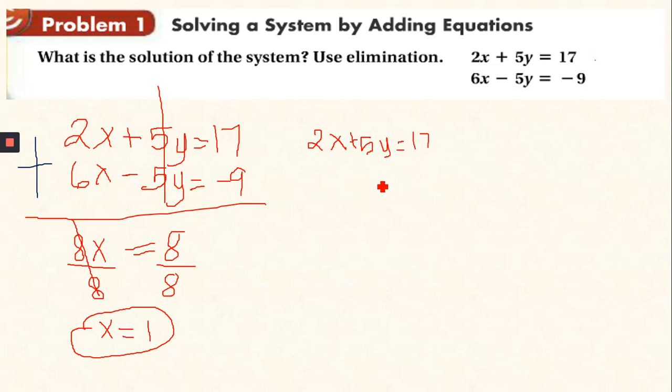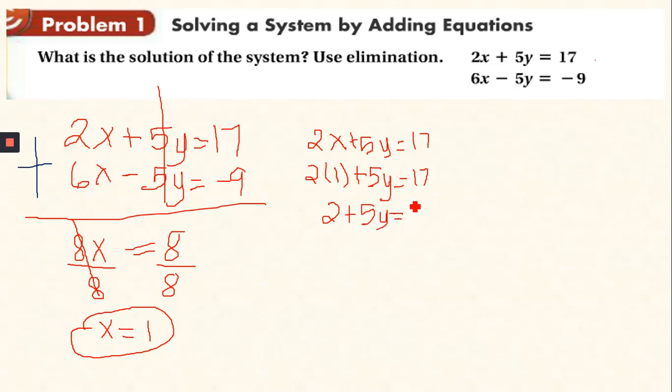We're solving for y, so we're going to substitute the value of x. What is the value of x here? It is positive 1. 2 times 1, that is 2, plus 5y equals 17.